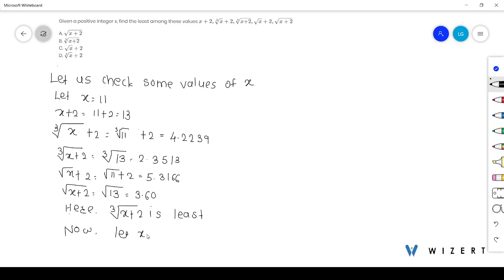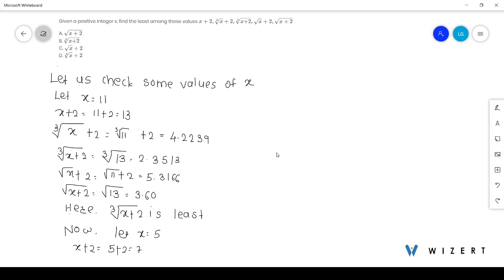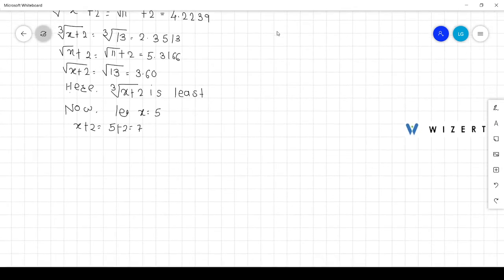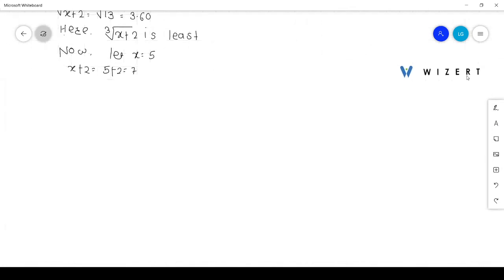Now consider x equals 5. So x plus 2 will be 5 plus 2, which means 7. Again, cube root of x plus 2 means cube root of 5 plus 2.